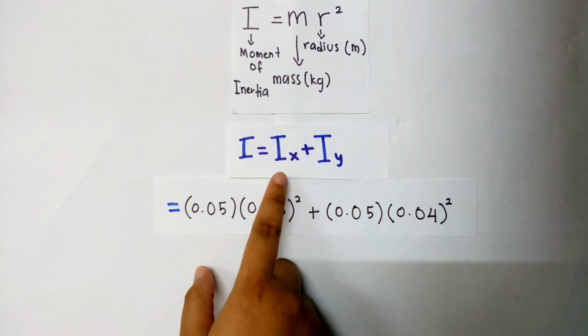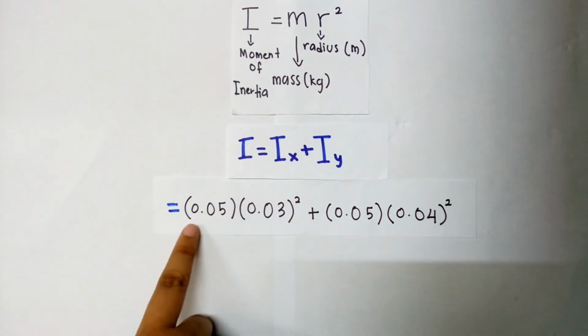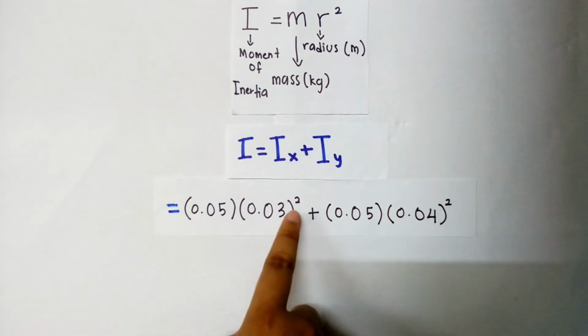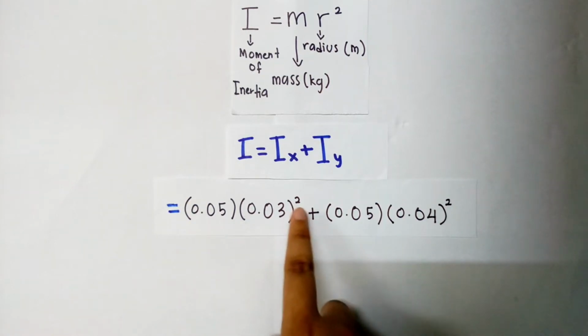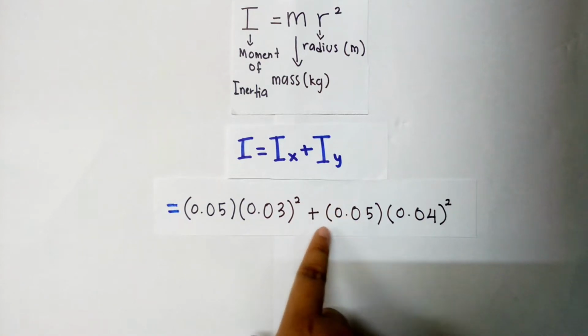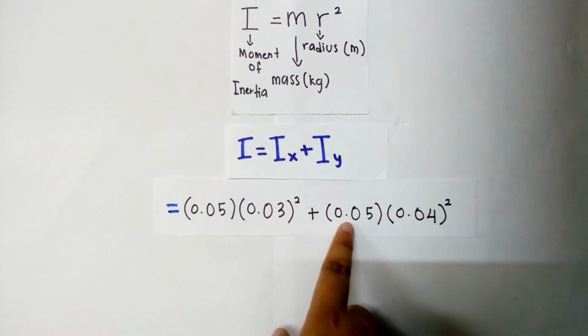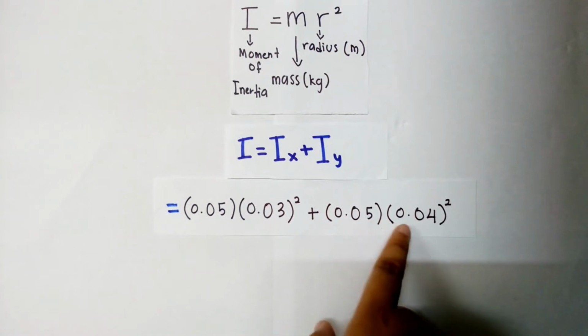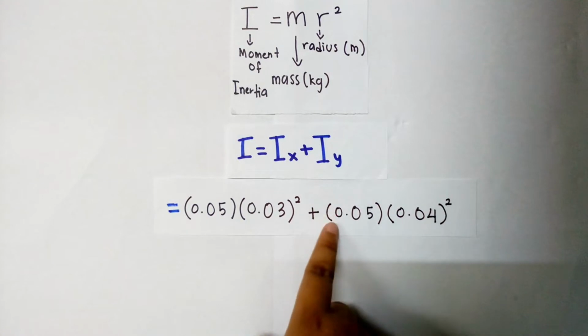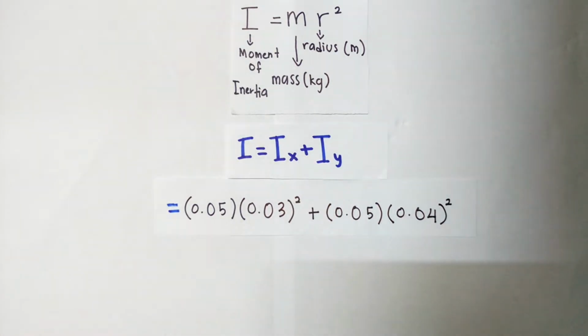For the moment of inertia at the x-axis, it is 0.05 kg times 0.03 meter squared, plus 0.05 kg times 0.04 meter squared for the moment of inertia at the y-axis.